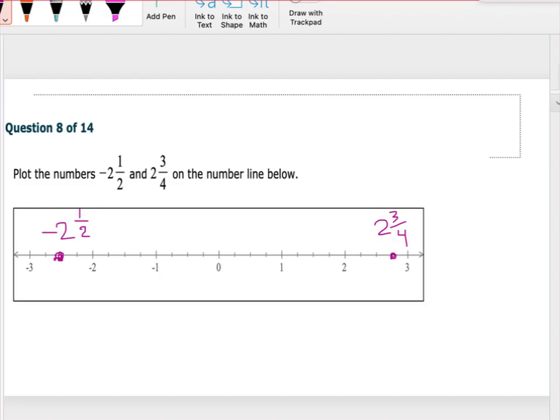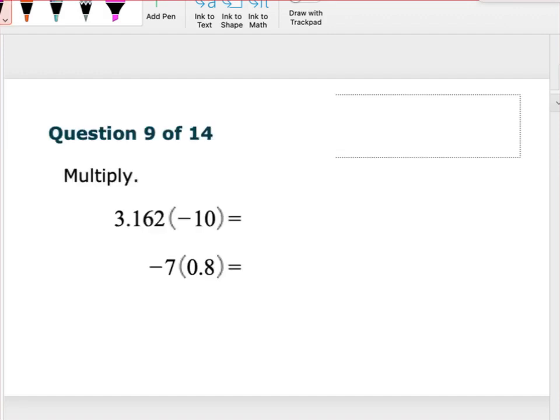Number 9. Okay, so multiply. Now, remember, when I multiply by 10, I should not have to do this long multiplication, should I? When I multiply by a 10, I simply move the decimal one place to the right. Now, this is a -10, so it's going to change the sign, but it's not going to change the number.